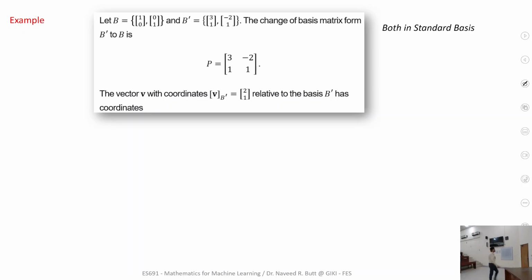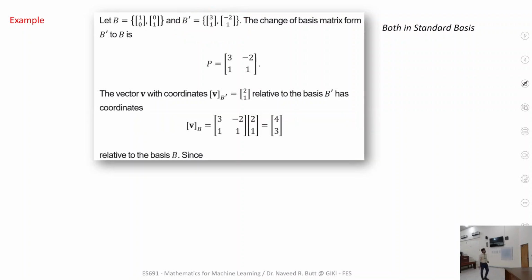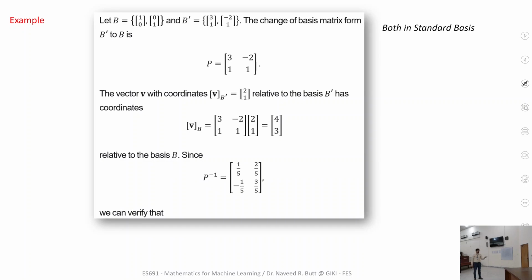Notice the bases of the source have already been written in terms of the basis of the destination, which is standard. So your transition matrix is this guy, and you can test that it will convert.